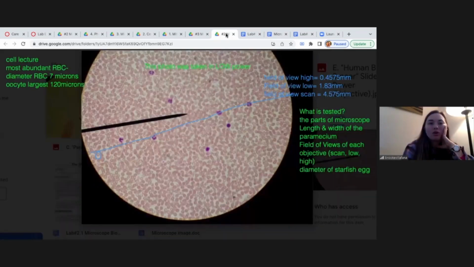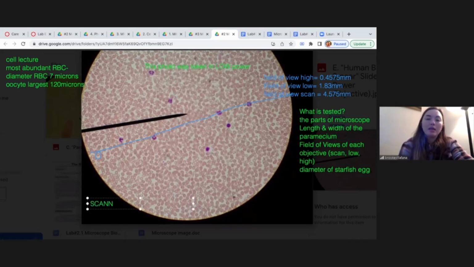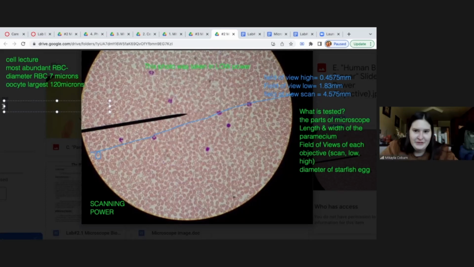Okay, so for this one, we're gonna take our distance across. So let's say that this person took this picture in scanning power. What would be the field of view that they use? 4.575. Good, 4.575.